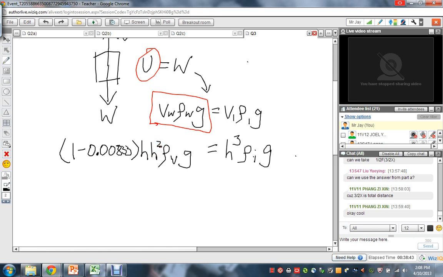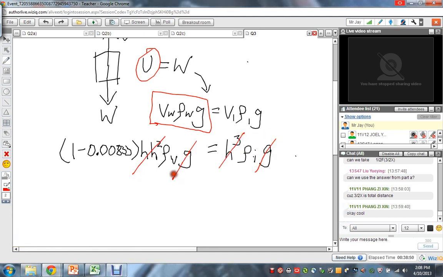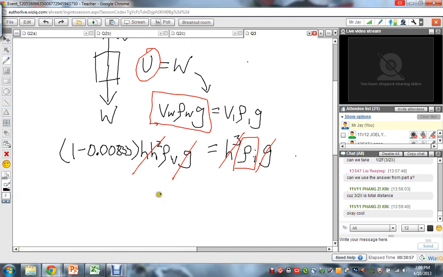So let's cancel what we can cancel now. H cubes cancel, G's cancel, so we're left with rho I, the density of ice that we want. Let's make it the subject.